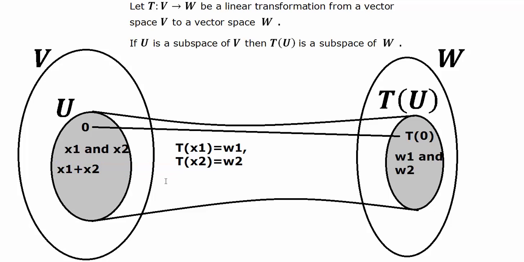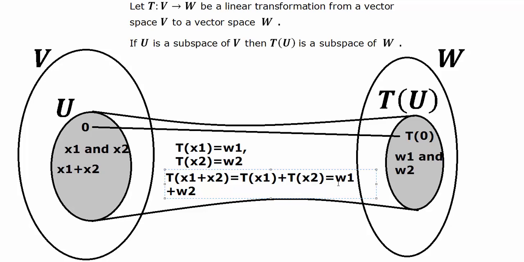So notice this, if x1 plus x2 is in U, then their image under T, T being a linear transformation, is Tx1 plus Tx2 here, and these are simply w1 plus w2, all right, and that is going to belong in TU.